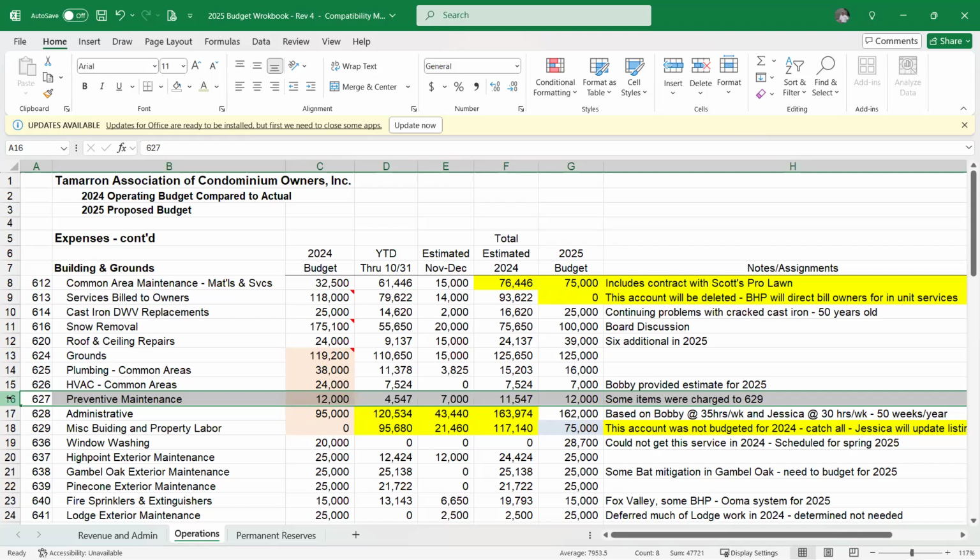Yeah. If this is a valid line item, then it should be preventive maintenance only on the building structures outside of the units. And I'm at a loss to figure out what kind of work we're doing that wouldn't be captured someplace else. That account almost seems like a redundancy. Yeah.